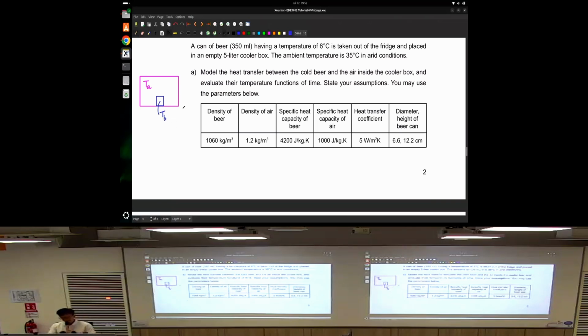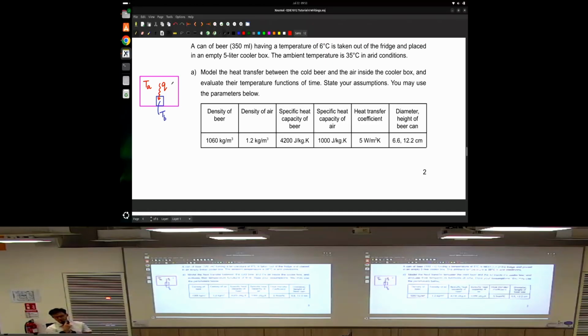So the cold component is the beer. The hot component is the air. This TA is the hot item. Of course, there is going to be heat transfer. The heat must go from the air into the beer, so this is the heat transfer Q. Because the box is insulated, you can assume that the heat transfer between the box and the outer surroundings is negligible, so it's a closed system.